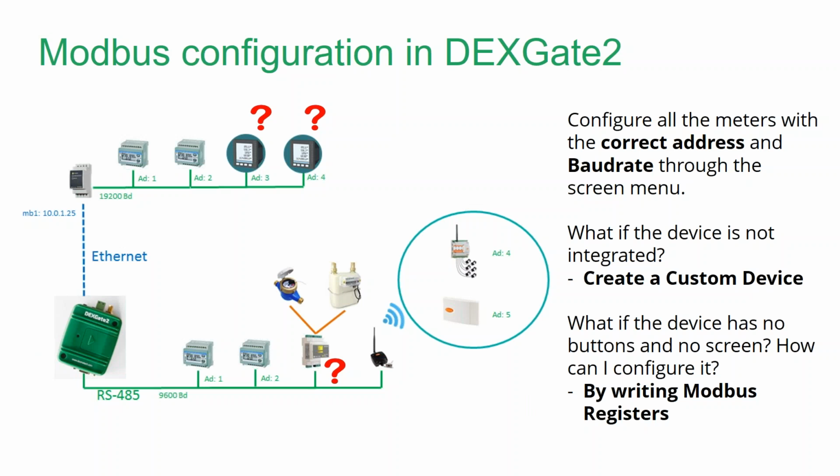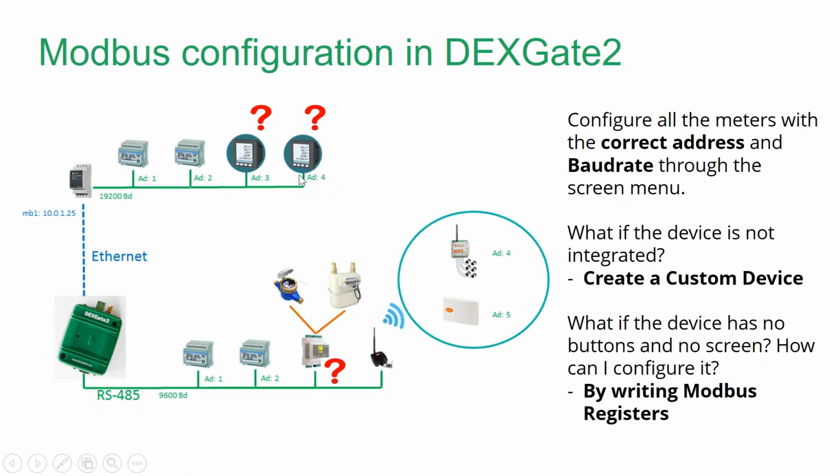I've placed here a simpler installation because I want to show you the difference between the configuration of Modbus RTU and Modbus TCP. We've talked about this, but also some problems that you usually find when you want to integrate all the devices in a building. For example, these two devices I've placed here, I don't know this manufacturer.